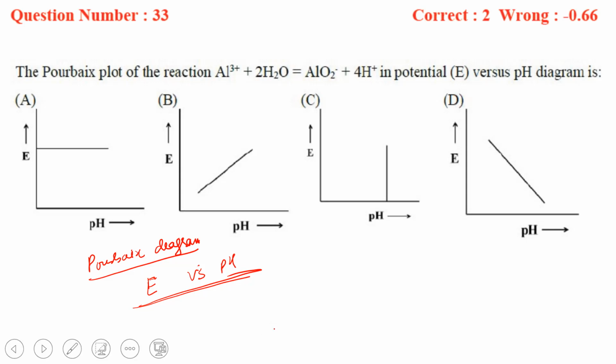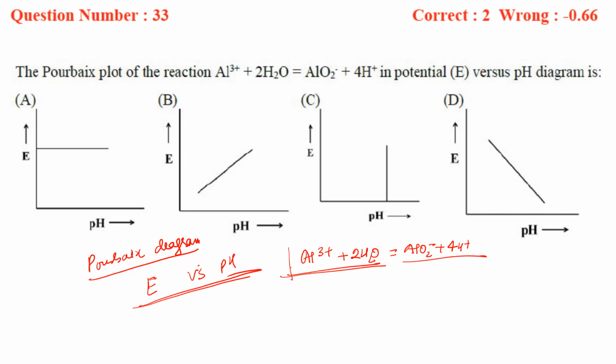So if you see here the equation Al3+ + 2H2O = AlO2- + 4H+, right? This is an equilibrium reaction, where all the amount of the electrons which are flowing get consumed and it is forming a product.